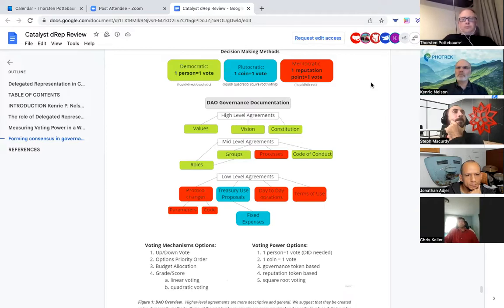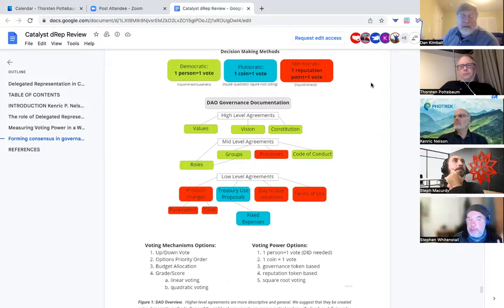So it will be according to the use of the community how these different levels of documentation will be implemented. It'll be a combination of referencing the decision-making method, like plutocratic or meritocratic, with consultation with the community. Of course, everything here is just a suggestion. It's just a framework for further discussion.